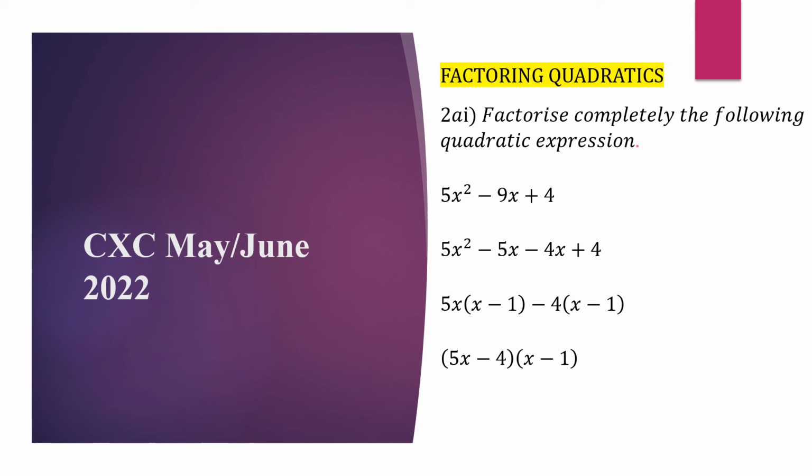So the key to factoring this expression is to multiply 5 by 4, which is using the AC method. AC method. Let us go.